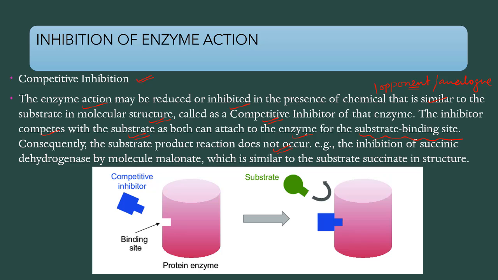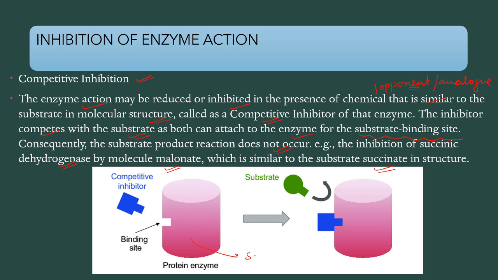For example, inhibition of succinic dehydrogenase enzyme by the molecule malonate, which is similar to the substrate succinate in structure. It means we have succinate as a substrate and succinic dehydrogenase as an enzyme.